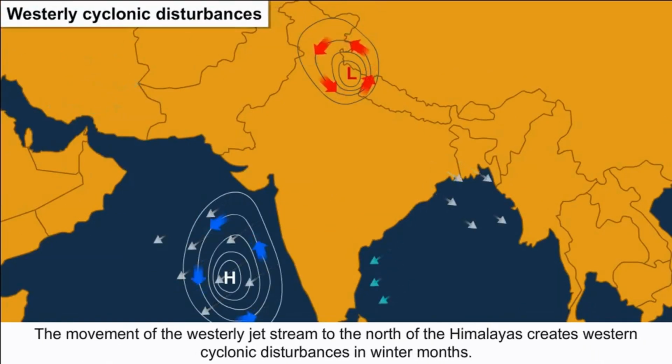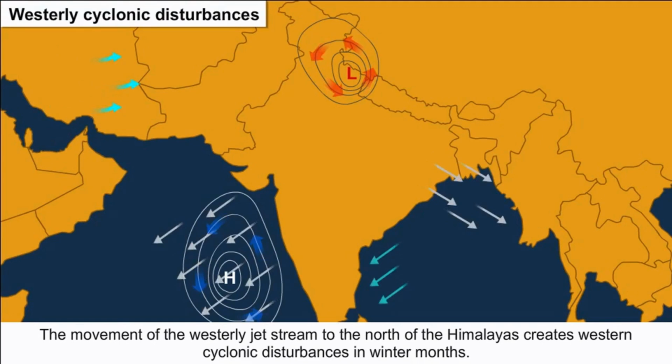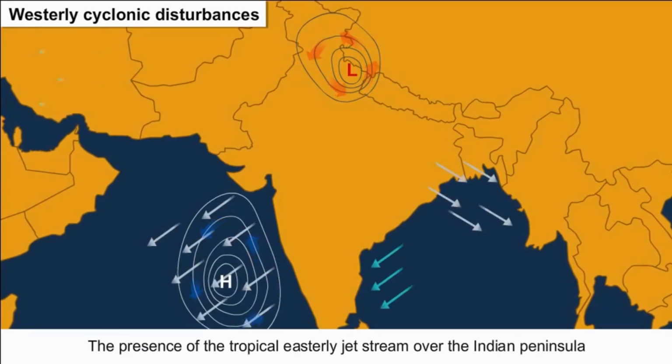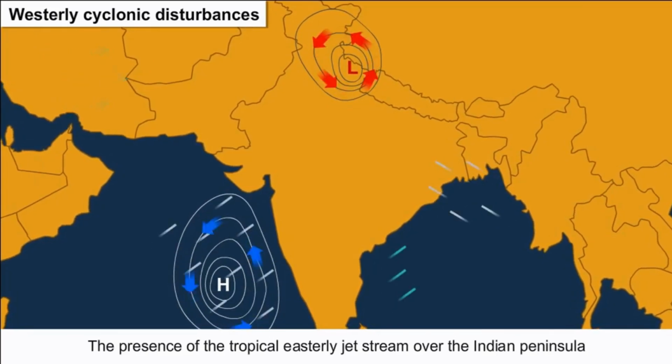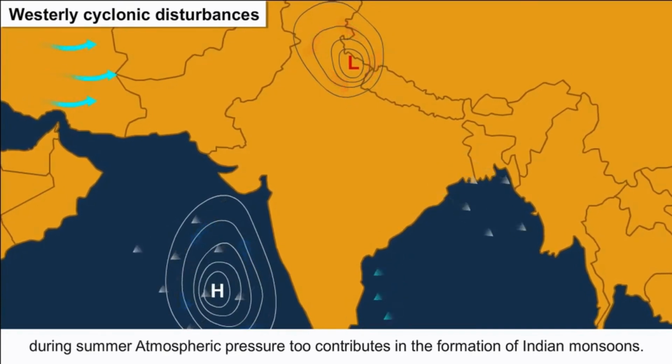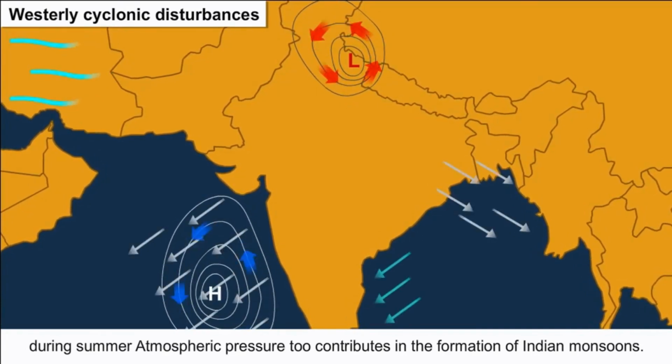The movement of the westerly jet stream to the north of the Himalayas creates western cyclonic disturbances in winter months. The presence of the tropical easterly jet stream over the Indian peninsula during summer and atmospheric pressure too contribute to the formation of Indian monsoons.